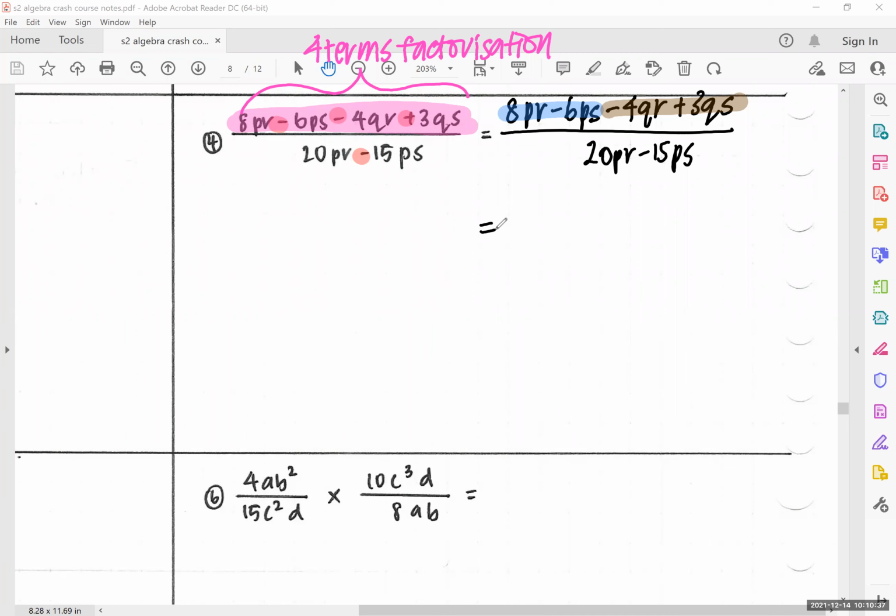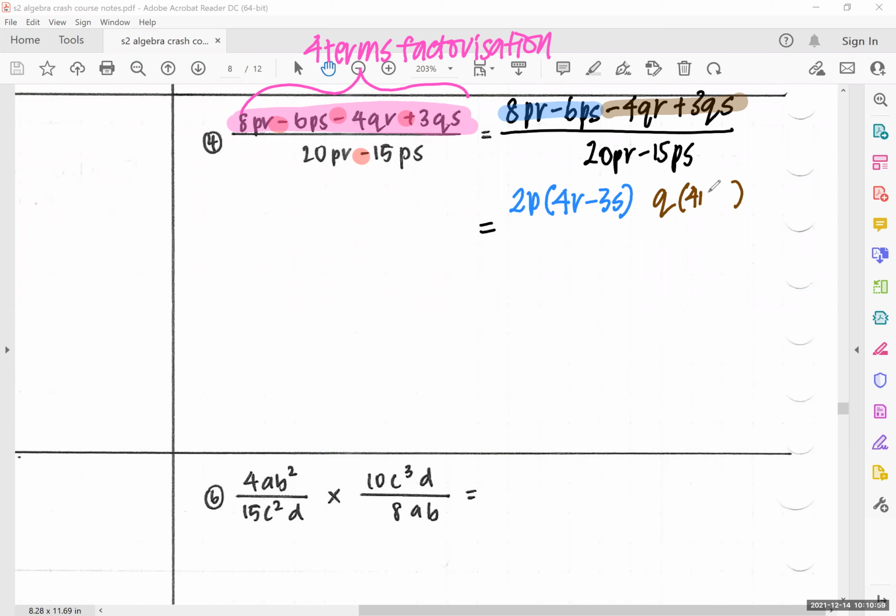So the one in blue, 2p, okay. Open bracket, what am I left with? 4r minus 3s. Okay, what about the one in brown? What can I take out or factorize out? q. Then remember, I want to make these two the same.